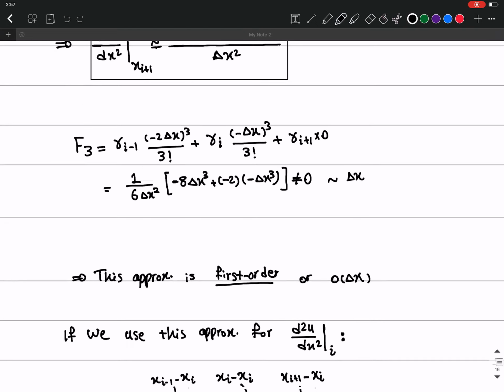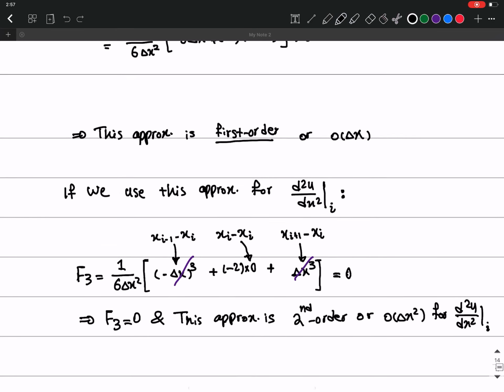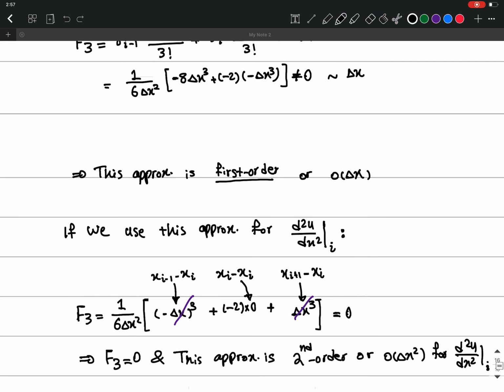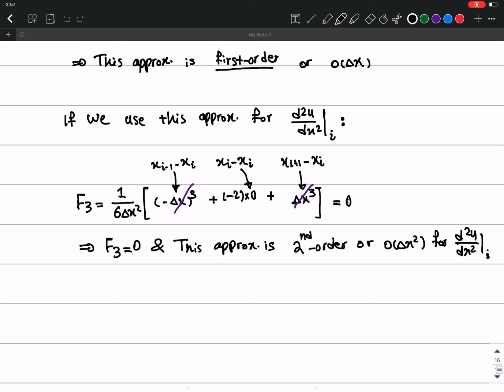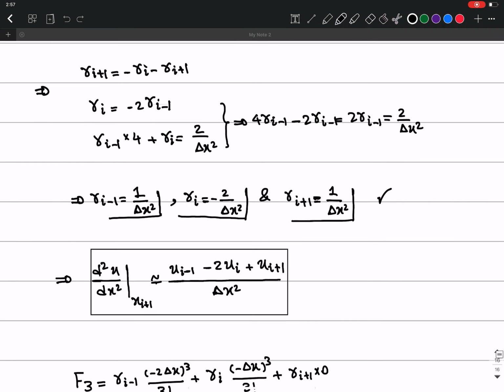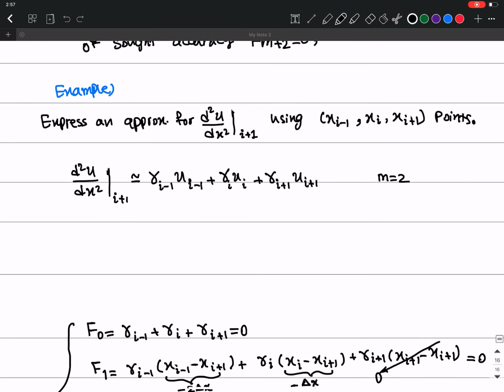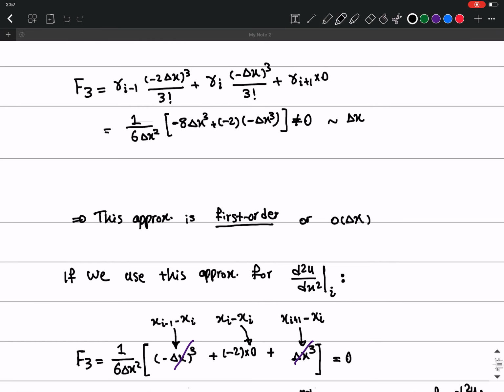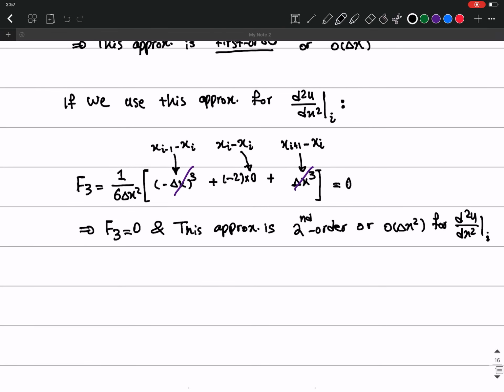Okay. So this was the main example, and we found the order of accuracy for this approximation, which was order delta x. And just as a remark, this was an example in which we tried to find an approximation based on this general method that we introduced. Sometimes in the problems, you might see that the approximation is given, and then the question wants you to find the error, or the truncation error.